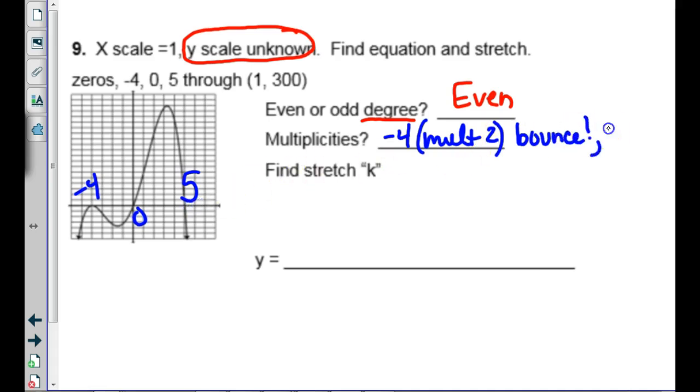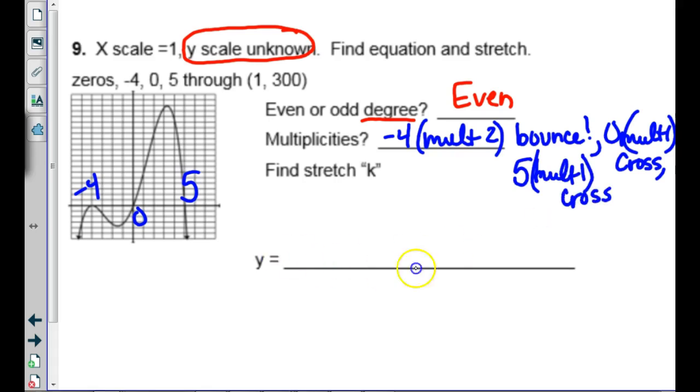Okay. Then 0 is multiplicity 1 because it's crossing. And then 5 is multiplicity 1 because it's crossing. You really don't have to write those, but I just want to make sure for your review that you're remembering why this is.